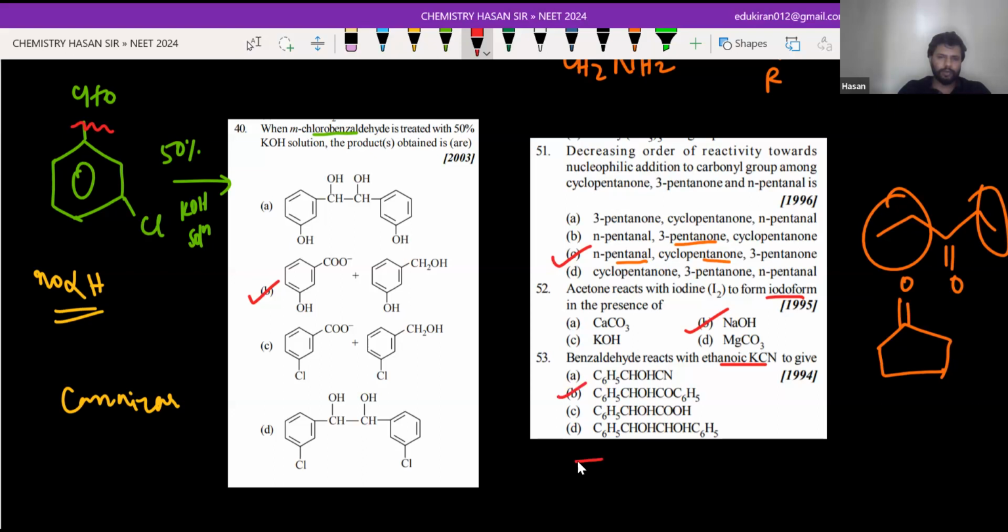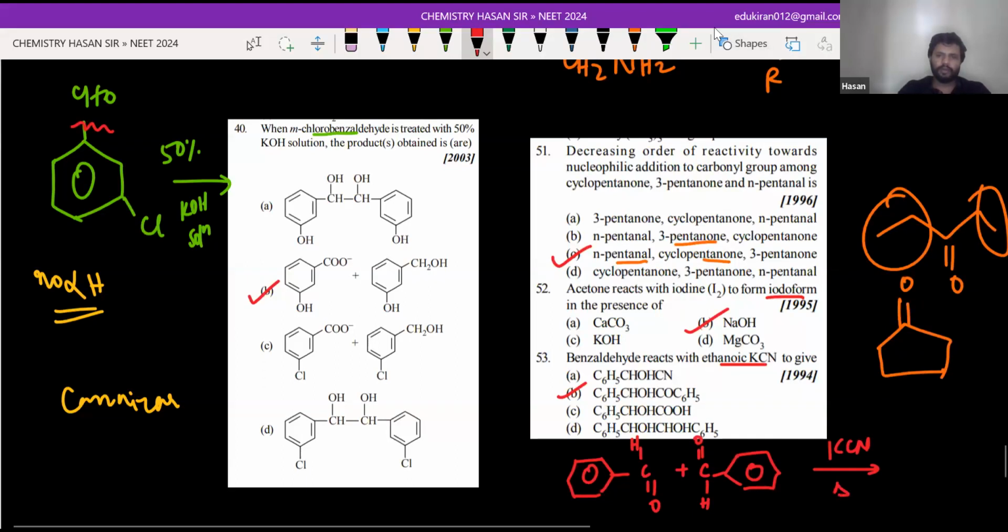Basically, I'm going to show you. This is the first mole of benzaldehyde, C double bond O, H. And I'm going to take another mole of this benzaldehyde, C double bond O and H. Heat and alcoholic KCN is there. So you just need to remove this hydrogen.